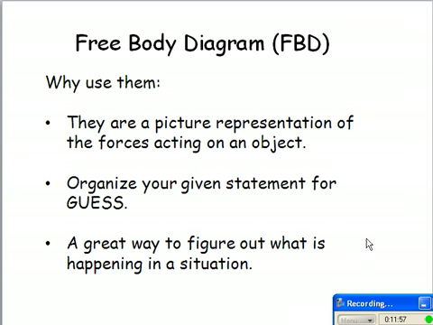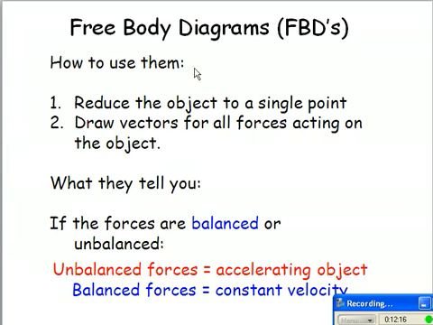Now, this is the second part of this video, and these are called free body diagrams. They are pictures that represent the forces acting on an object. They're useful in organizing problems so that you can figure out what is going on. In a free body diagram, instead of trying to draw the object that you're analyzing, you just start with a simple dot, and then you draw vectors from that dot showing all the different forces acting on the object.